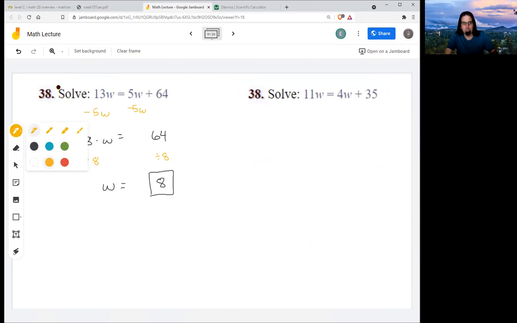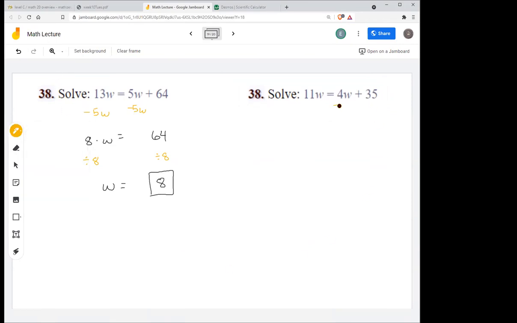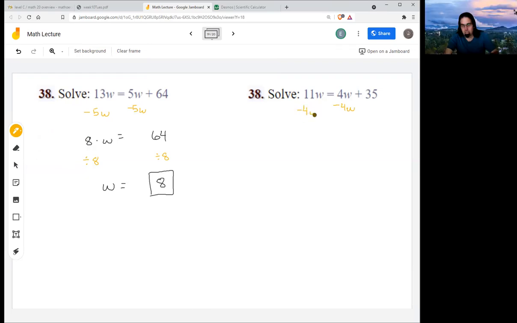Okay, what's my first step? Subtract the 4W. So again, watermelon feasting time. If you had 4 and ate 4, you don't have any left, just the $35 you didn't spend on watermelons. The person that spent all their money eats 4, there's 7 watermelons left.